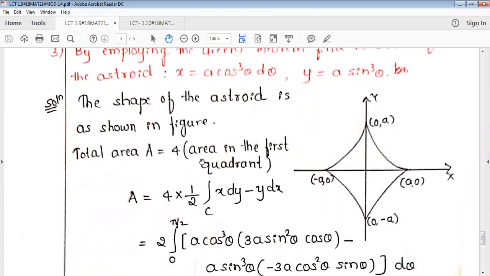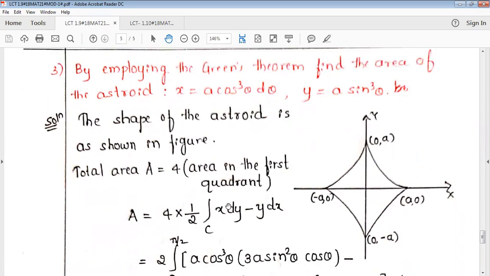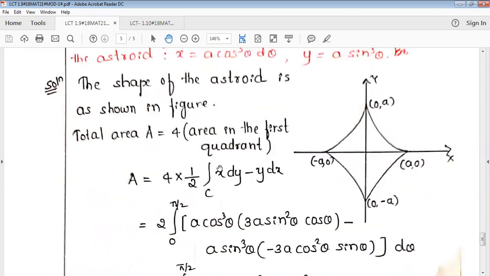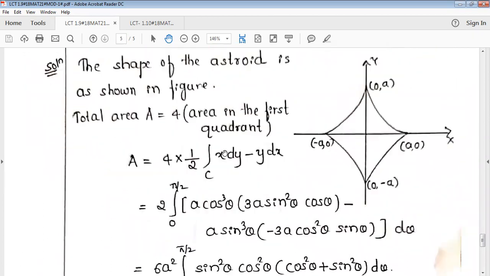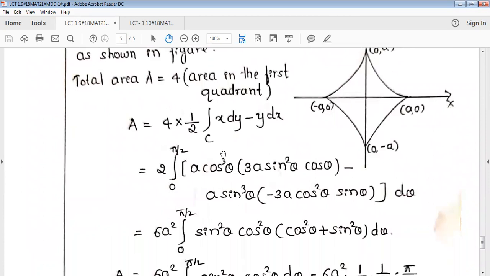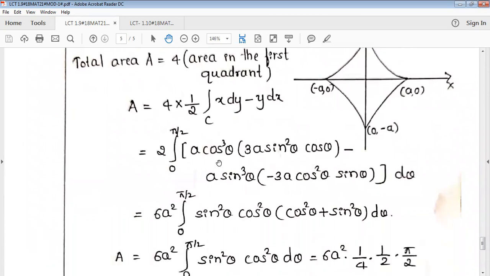Now total area is 4 times the area in the first quadrant. So area in the first quadrant is x dy minus y dx, this part. As given, x is a cos cube theta and y is a sin cube theta. 4 times 1 by 2 of this, then it is 2 times.